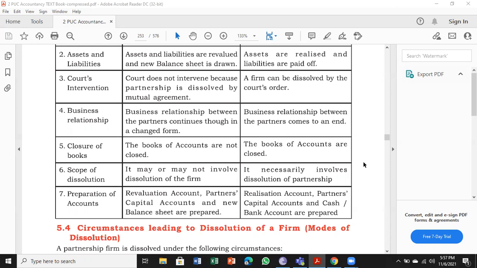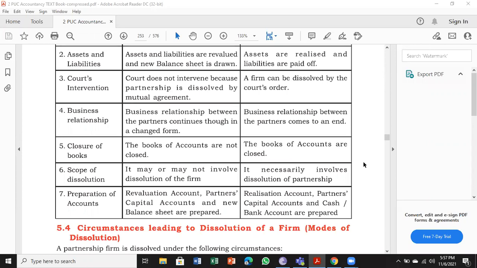The partnership profit and loss sharing ratio may change, but the relationship will continue. Whereas when the business is closed, business relationship between the partners comes to an end. They're no more called partners. Once the business is closed, the formalities will be left therein.